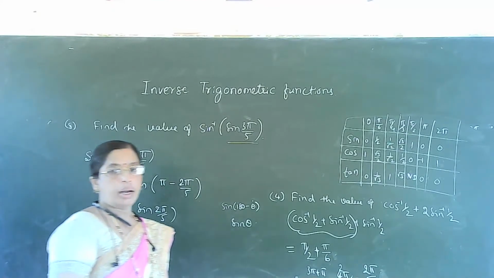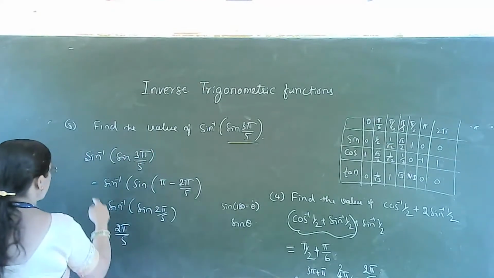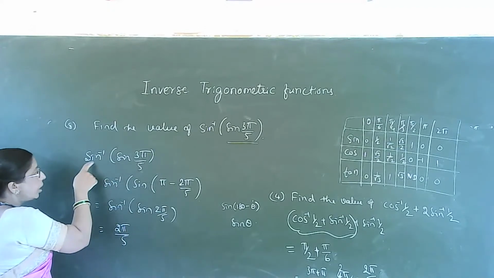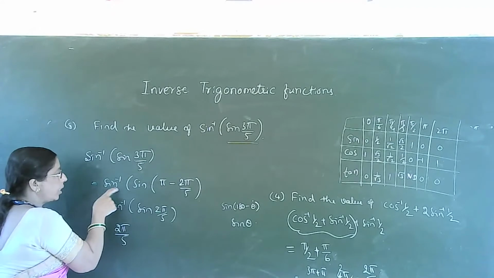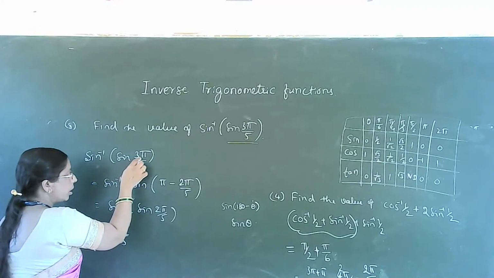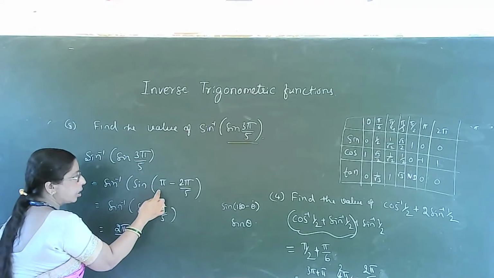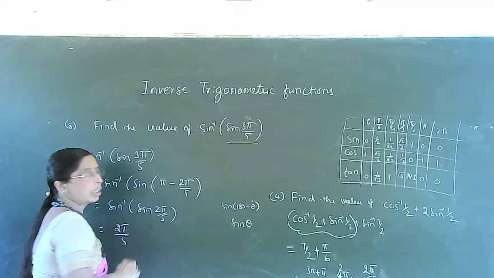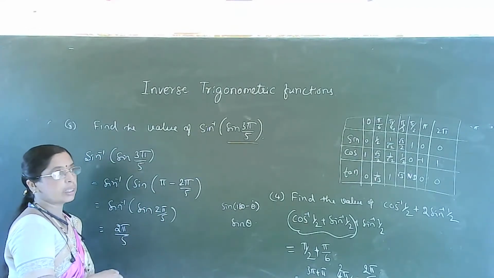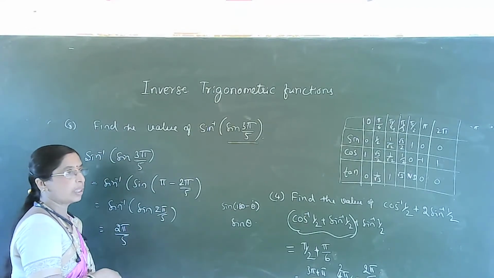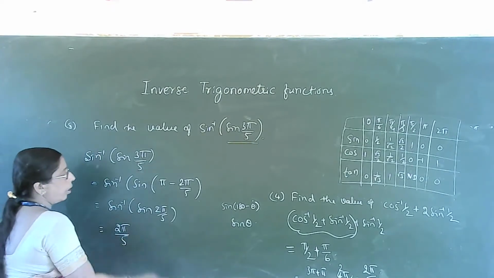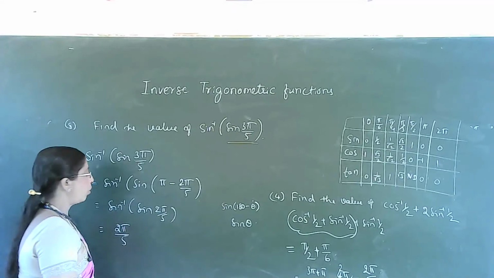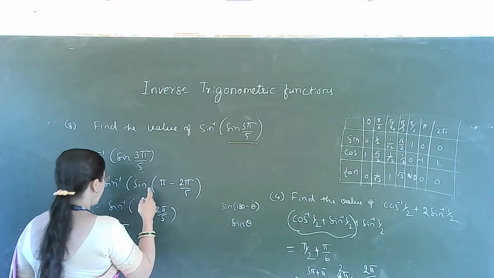Once again, I repeat this question: sin inverse of sin of 3 pi by 5. You should write 3 pi by 5 in terms of 180 plus theta, 180 minus theta, 2 pi plus theta or 2 pi minus theta. Then only can you get it in the principal value range.